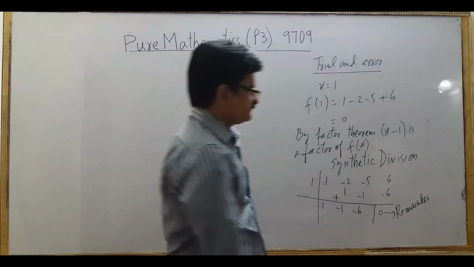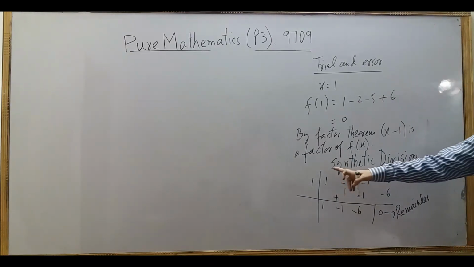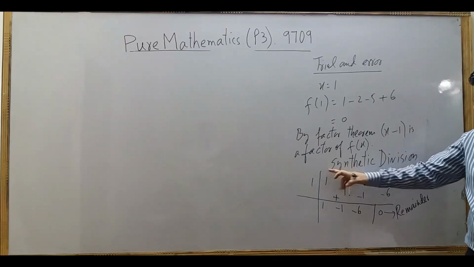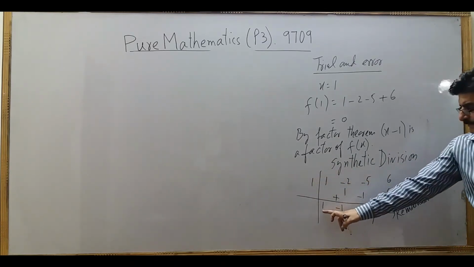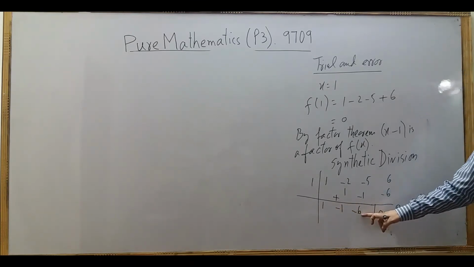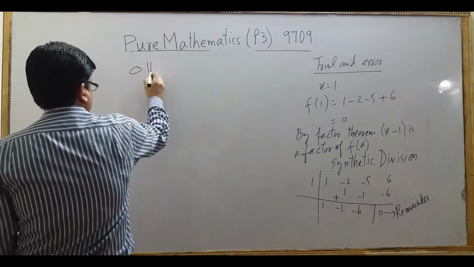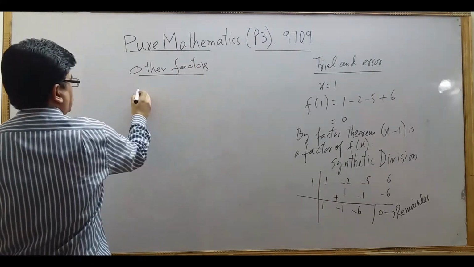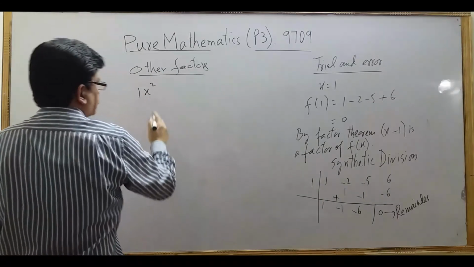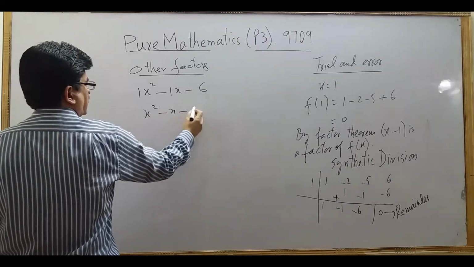Now see that our polynomial has degree 3. After applying synthetic division one time, we have these numbers as coefficients of a polynomial of one lower degree. So the other factors of f(x) will be 1x square minus 1x minus 6, but we can write it like this.